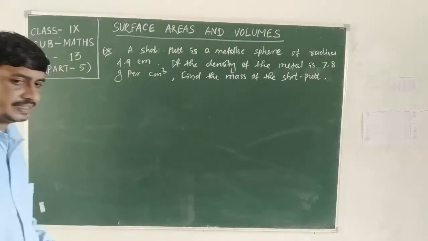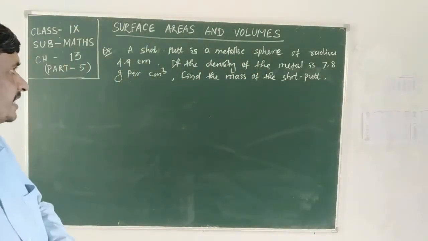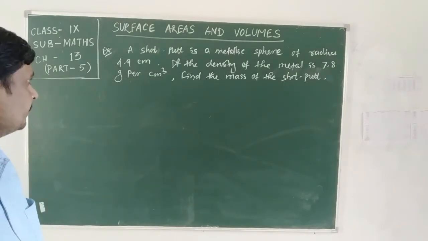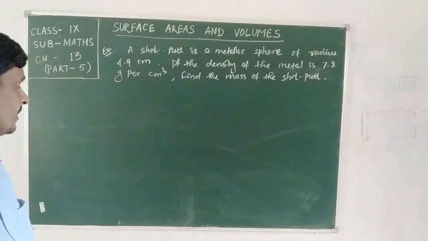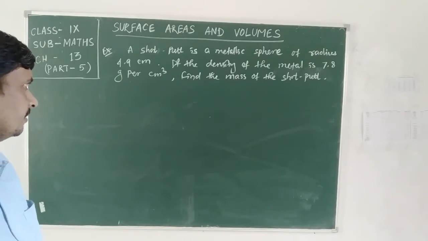Here, the question is, a circuit is a metallic sphere of radius 4.9 cm. If the density of the metal is 7.8 gram per cm cube, find the mass of the circuit.